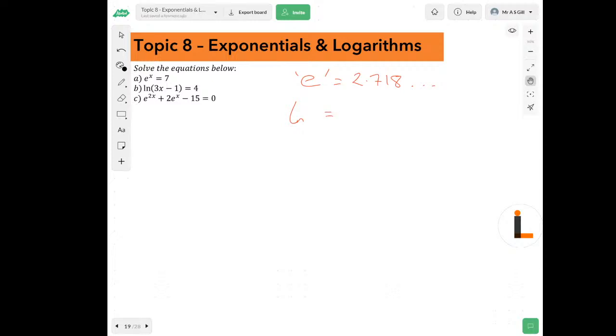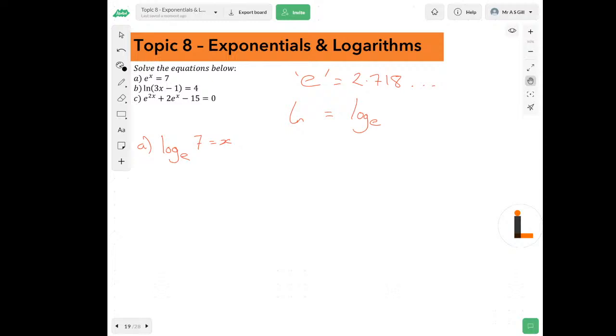ln is then log base e. Rather than writing log e, because it occurs so frequently, it's just been shortened to ln, the natural log. So log base e is ln. But ln and e function in the exact same way as we've previously looked at. So for example, part A, this would just be log e of 7 equals x.